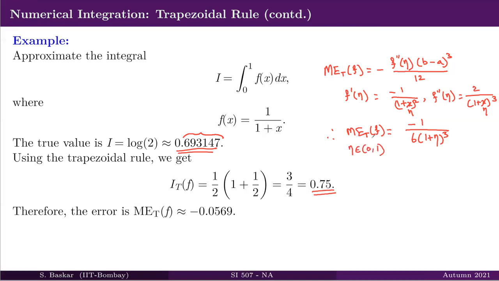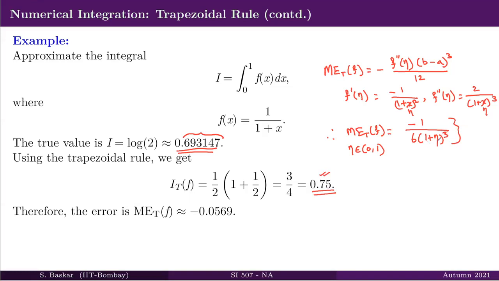So if you use this formula, therefore you cannot find the exact value of the mathematical error. However, we can find the lower and upper bound of this expression, and then we can check whether that bounds respect our exact value. This is just to cross-check the theory and the numerical result.